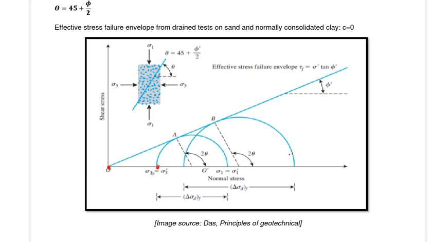So, in this case, yung sigma 3 natin is the effective consolidation stress denoted by sigma 3 prime. So, effective, because there is no pore pressure and the soil will consolidate and increase in strength.